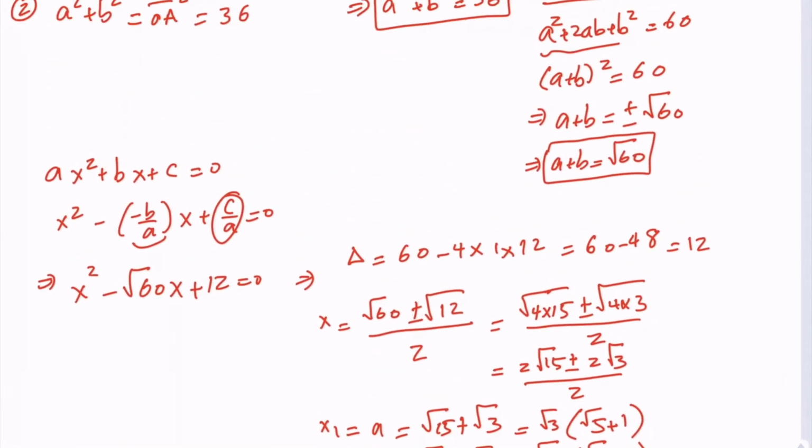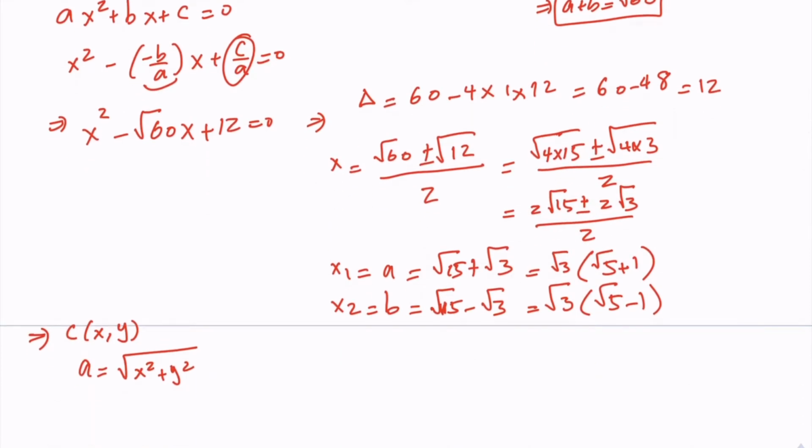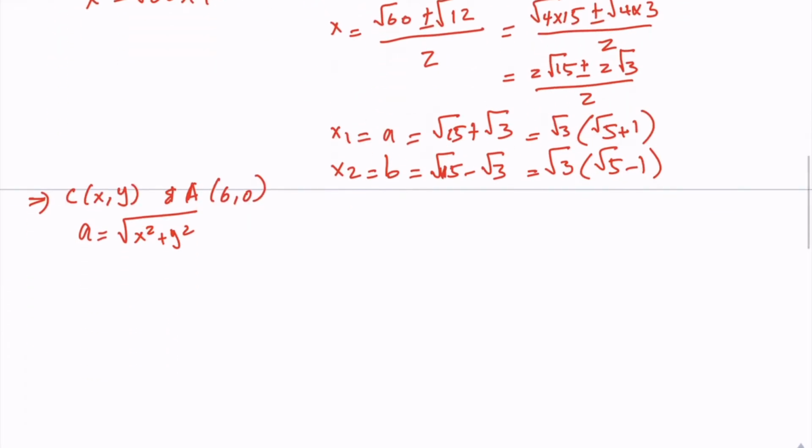We also know that the distance between 2 points on the xy plane is the square root of the difference between x coordinates squared plus the difference between y coordinates squared. So we have a at 6 and 0. So length b will be square root of (6 minus x) squared plus y squared, right?